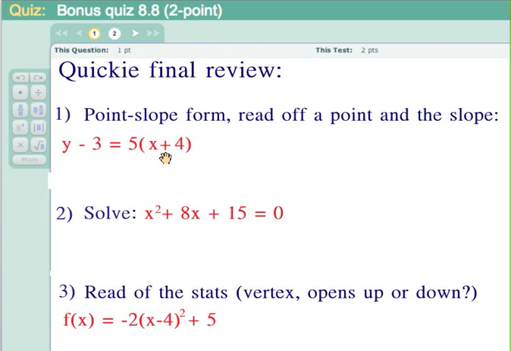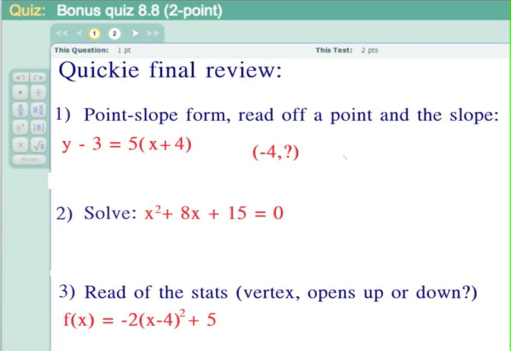It has pluses and minuses in there that are going to, for sure, derail you. Instead, you just ask yourself, what value of x makes this quantity 0? And the answer is negative 4. When x is negative 4, I get 0. And so essentially, I read off half of the point. I know when x is equal to negative 4, I get 0 here.